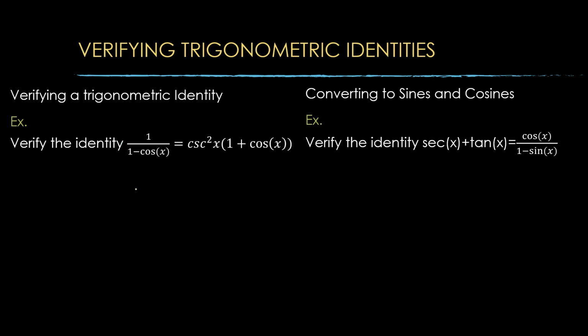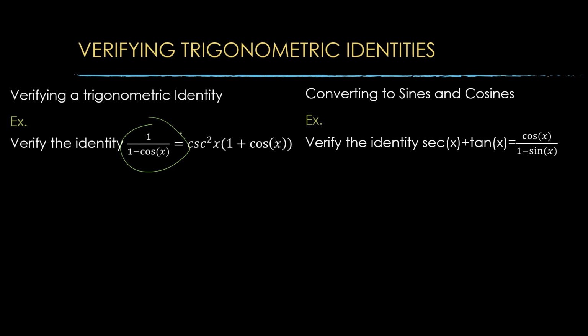All right. So for the next problem, we are given this equation, 1 over 1 minus cosine of x is equal to cosecant of x squared multiplied by 1 plus the cosine of x. So how are we going to verify this trigonometric equation? Remember what we did earlier with a similar denominator of a fraction.